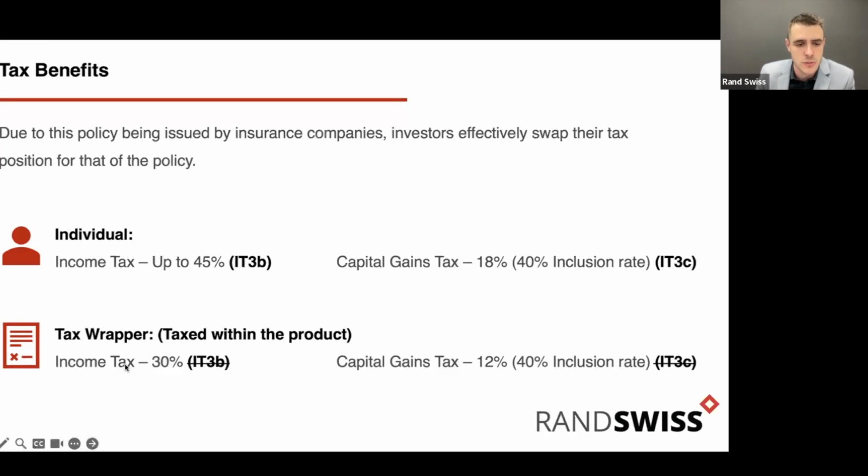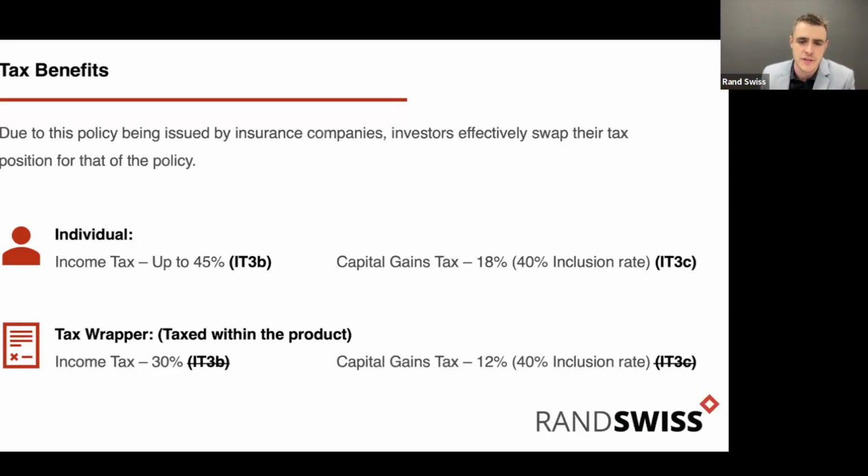What's nice about it is also the reduced tax amounts. You can see here on an income tax level, your income tax is capped at 30%. So you can never, ever get higher than 30% income tax within this product. So if you open up this product and you put money in it, your income tax is capped at 30%, even though on the individual level, you could be in a much higher tax rate.